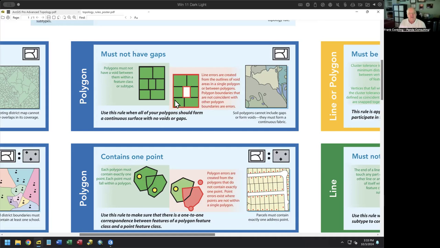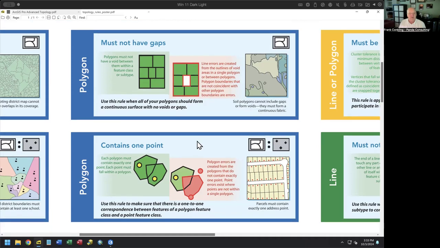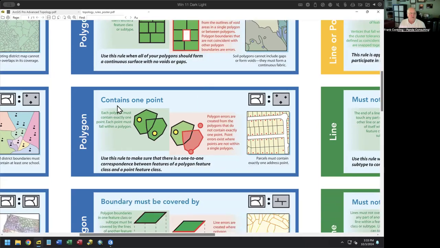This rule isn't quite used as much as it used to be, and inside the parcel fabric there are some new ways to identify where you have gaps within and between parcels, but not necessarily between a parcel edge and a road. So this one's not quite as popular as it used to be years ago with parcel mappers.